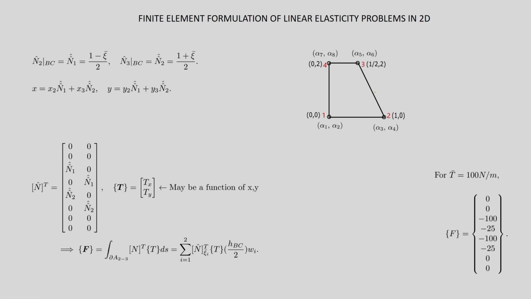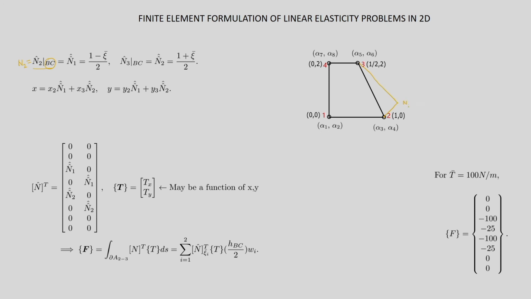Let us look at this problem again. Here I have written the n2 along BC. Note that n2 in the physical element is the same as n2 hat in the master element, and this BC represents the corresponding edge in the master element. If I look at the shape function n2 along the boundary, n2 is 1 at node 2 and linearly goes to 0 along the edge.